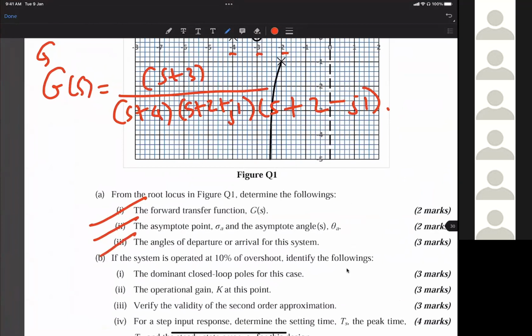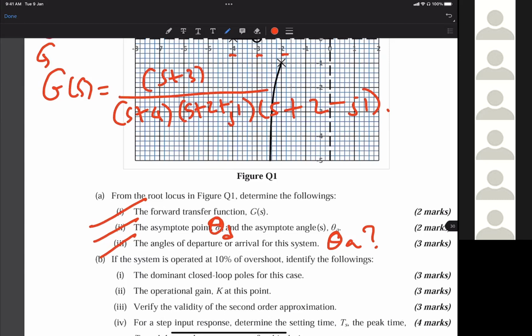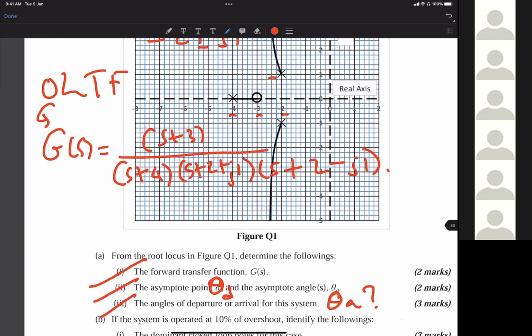Then angle of departure. Safwana, why angle of departure? Why not angle of arrival? Angle of departure occurs at the complex conjugate poles, that is the angle of departure.